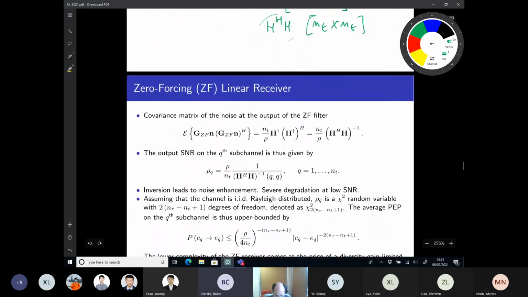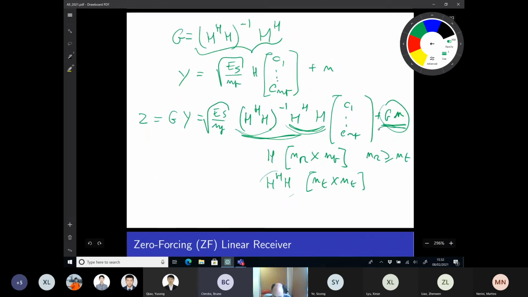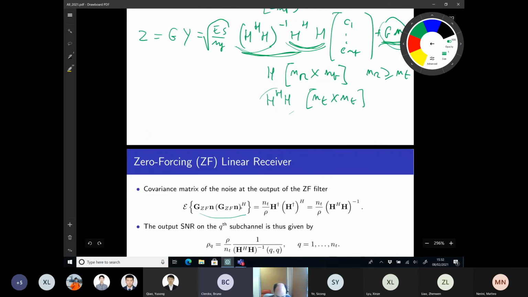So let's see that. Where's my noise enhancement? Well, let's look at the covariance matrix of the noise. So that's G multiplied by N, right? If I do that and compute this quantity, you can easily do this at home, you end up with the pseudo inverse multiplied by this Hermitian, and this is essentially a function of this Hermitian matrix to the power -1.